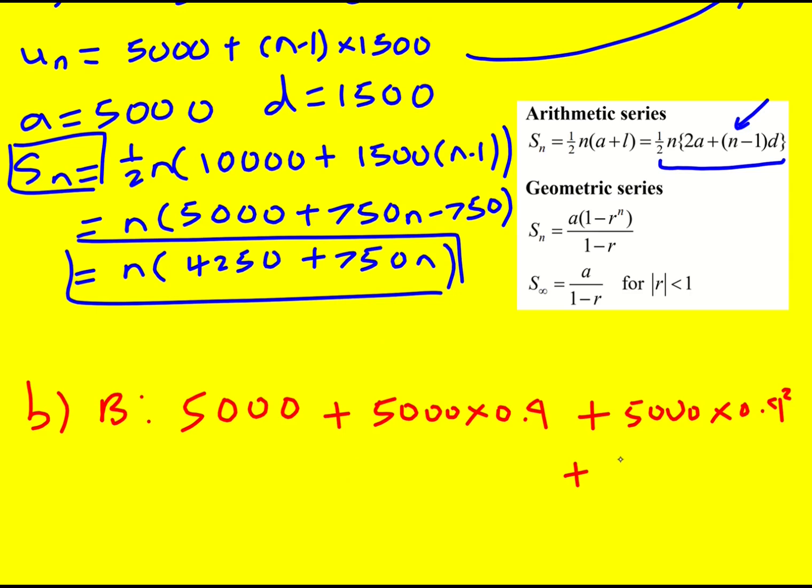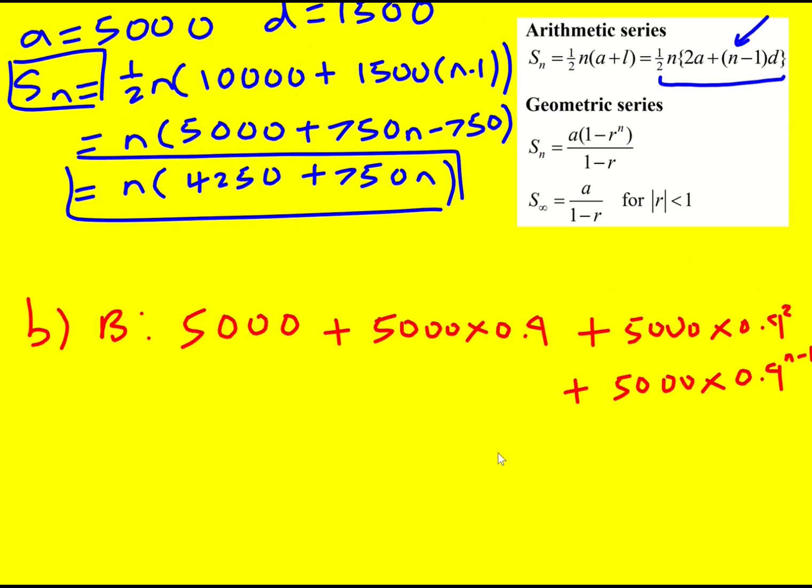The last term would be 5,000 times 0.9 to the n minus 1. It's always r to the n minus 1, because you can see the first term is 0.9 to the power 0. We're timesing by 0.9 n minus 1 times, not n times.